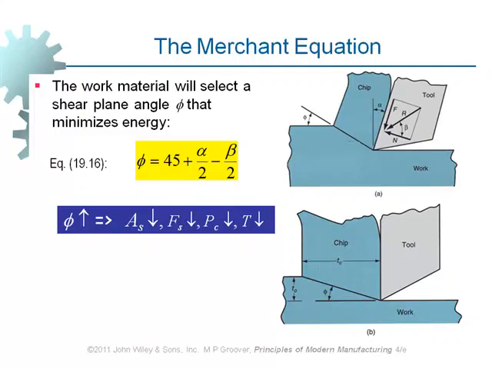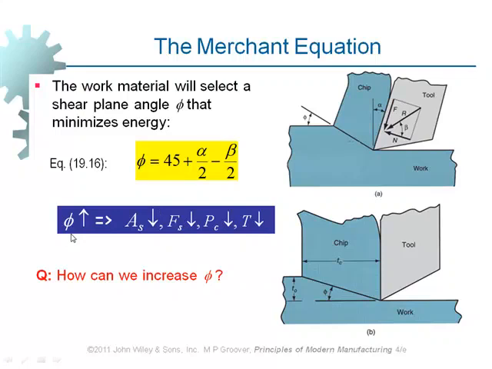Now, on the basis of the Merchant equation, I'm going to ask you another question. The question is, how can we increase phi in order to achieve all this? It's desirable to reduce required power. It's desirable to reduce all this. And all this depends on increasing phi.